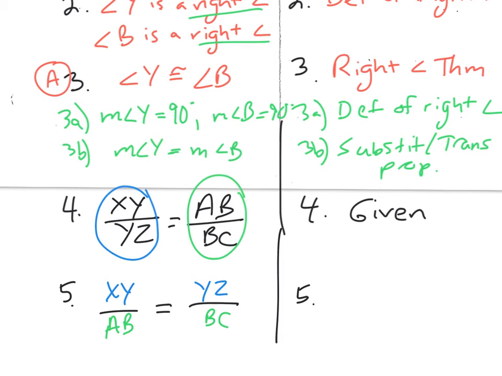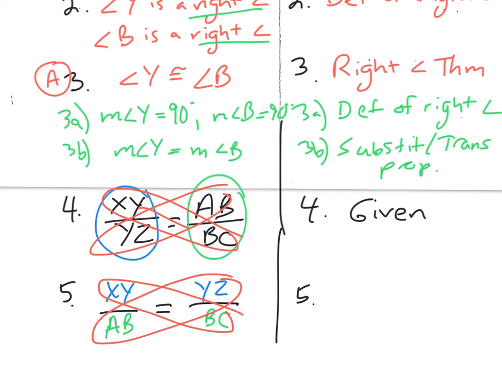And if we look at that, I'm going to ask you, how do I know that's true? And hopefully you can agree that yes, that is true based on what we have in step 4. But our reason might be a little bit trickier. We haven't done this before. We briefly talked about equivalent proportions being proportions that have the same cross product. So if you look here, I've got XY times BC and YZ times AB. Their cross products are the same, therefore we would say that the proportions are equivalent.